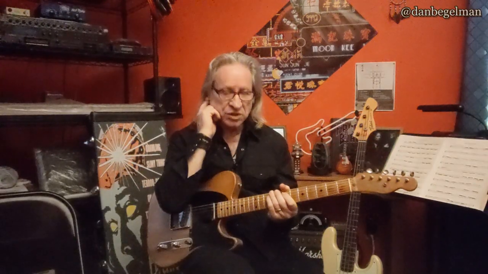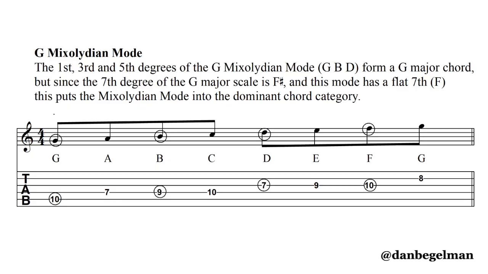And the 1 dominant sounding mode is the Mixolydian. Okay, I'll get into a little bit more of this later in this video and show you how to apply the particular mode to a particular genre.